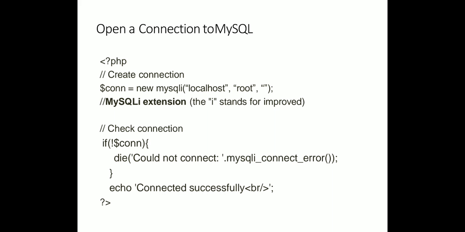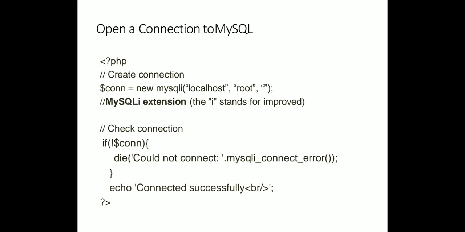Now we'll move to opening a connection to MySQL, how MySQL is embedded with PHP and how the database connection is established. The first step is using the script, and that is the essential step.